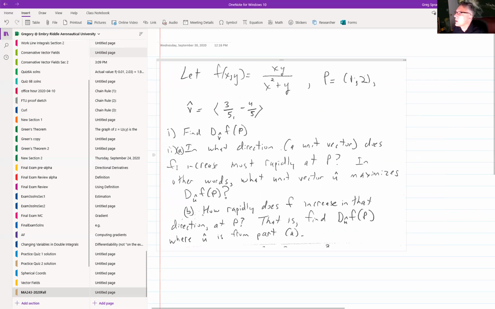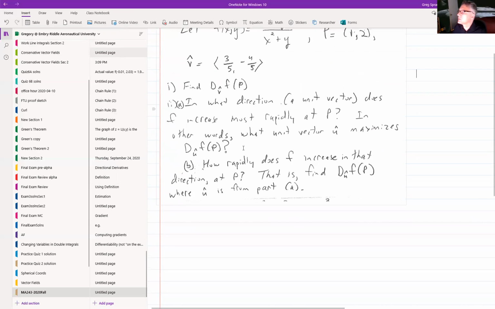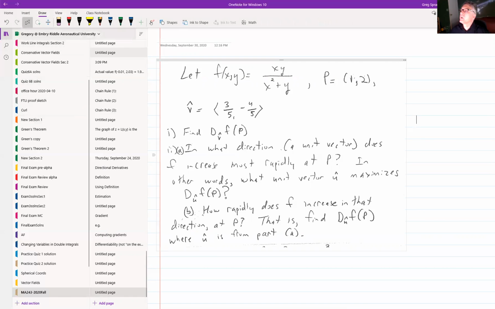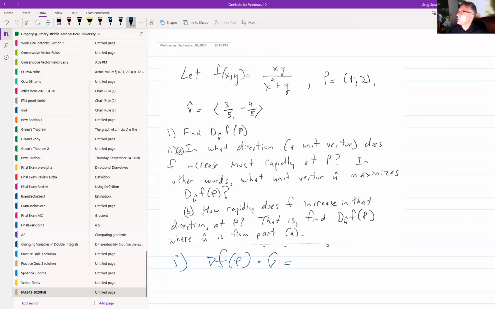The function is xy over x squared plus y. The unit vector is 3/5, minus 4/5. And there's a couple questions. The first one is just computing a directional derivative, and we can do that using a dot product. We need to take the gradient of f at p and take its dot product with b. Well, we need to compute the gradient. It's fx, fy.